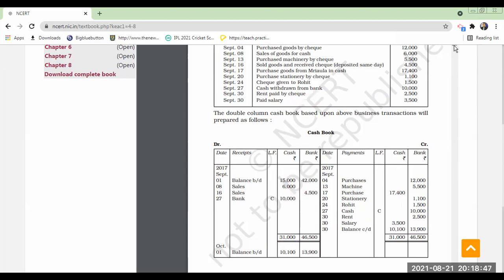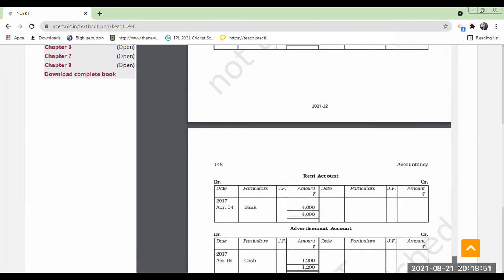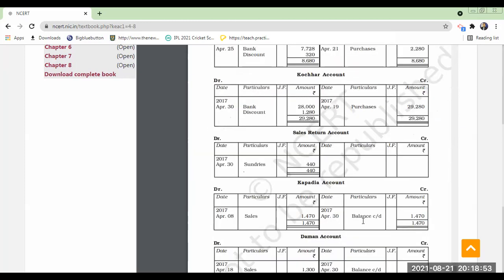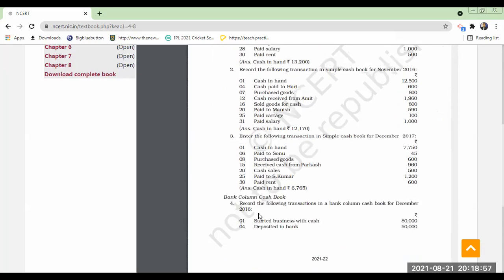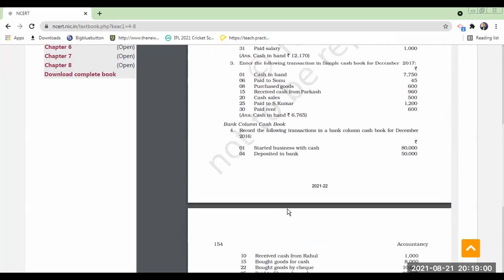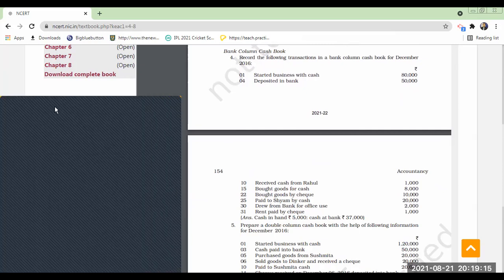Okay. Now shall we do a problem? Yes, sir. This double column cash book is also known as the bank column cash book. Now I will start this.